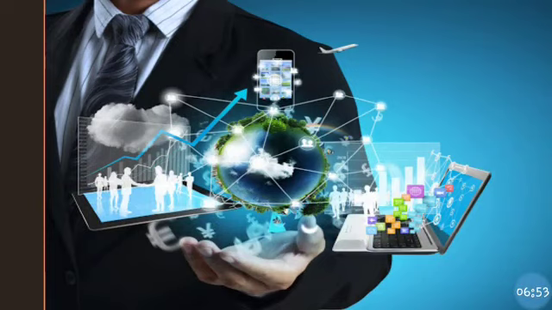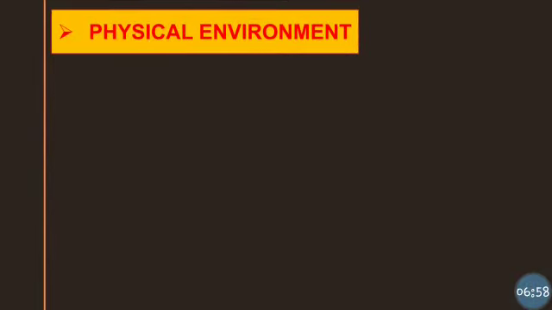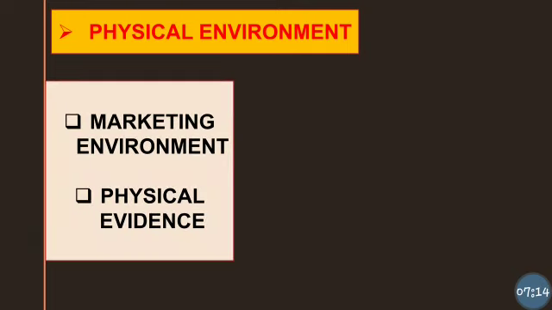Next is physical environment. So in physical environment, it's nothing but marketing environment where interaction between two parties, that is firm and customer, takes place. So let's first try to understand what is marketing environment.